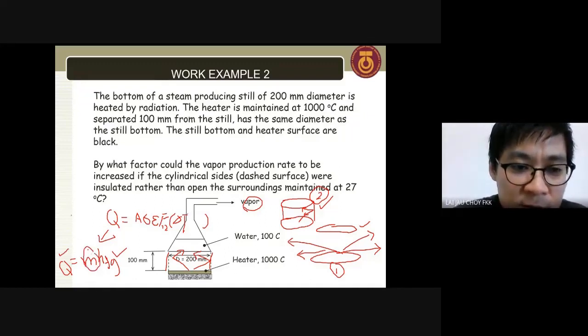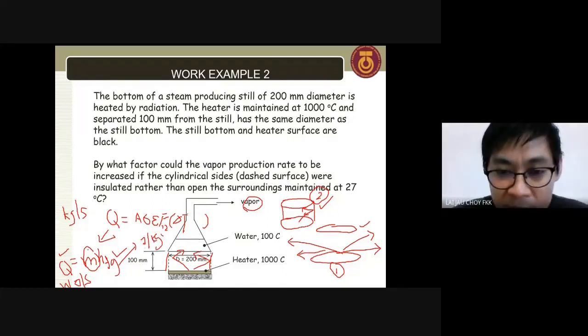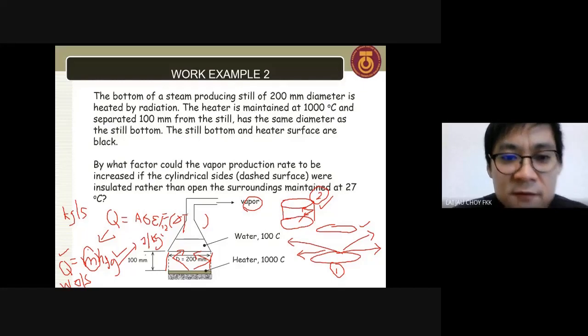The unit of m dot is kg per second, because your Q is joule per second, and h_fg has the unit joule per kilogram. I guess you still remember all this. Then from there you can solve the problem.